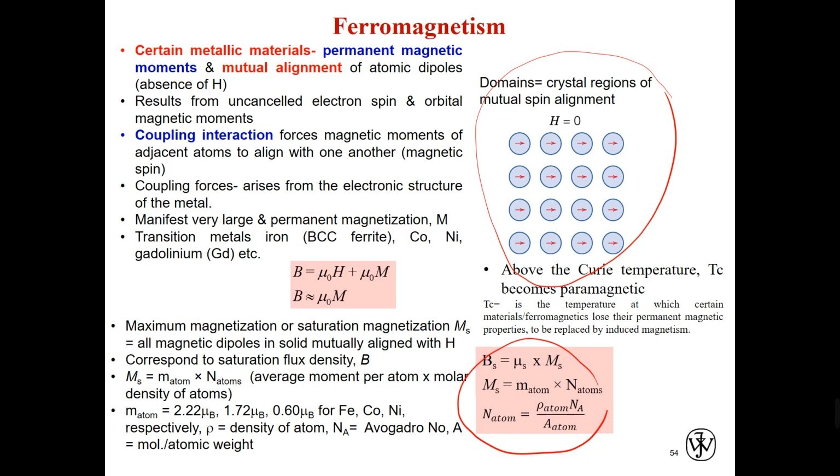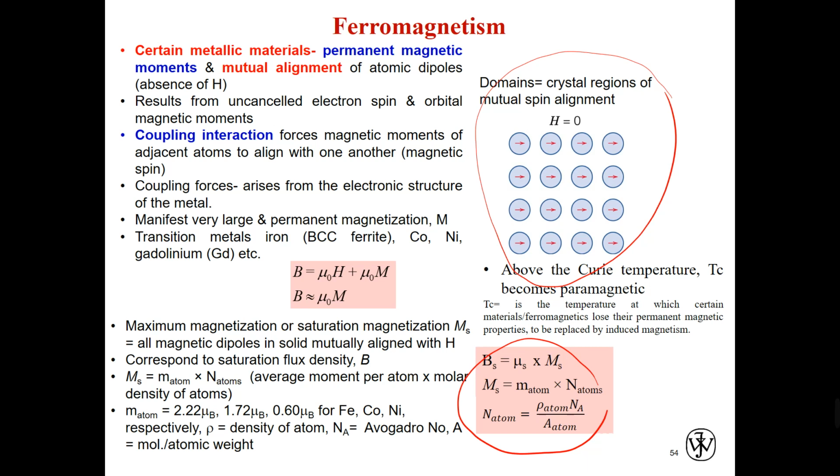So you need to understand that Bs, the saturation flux density, is mu times Ms, where Ms is M atom times N atoms, and the number of atoms N is given by the equation we discussed just now. But above the Curie temperature, Tc, all these materials become paramagnetic instead of ferromagnetic. So it becomes paramagnetic above the Curie temperature.